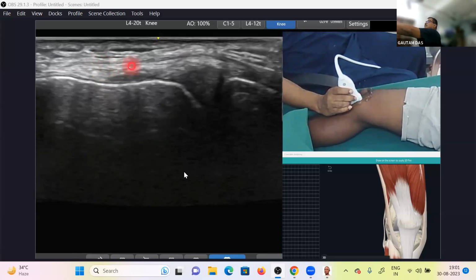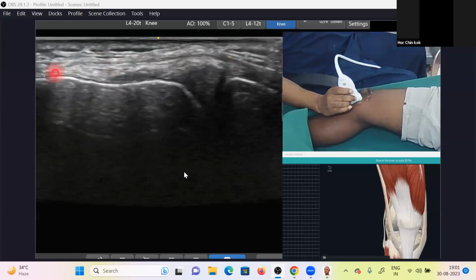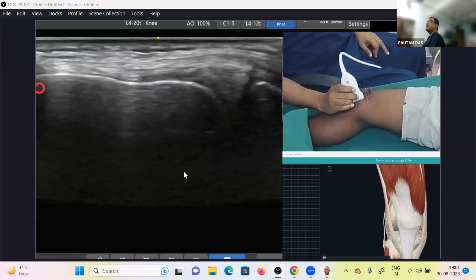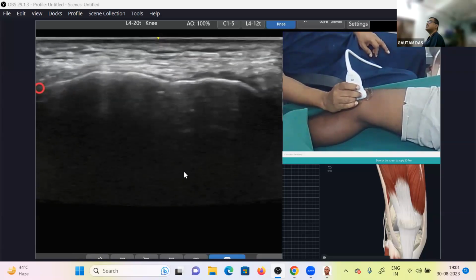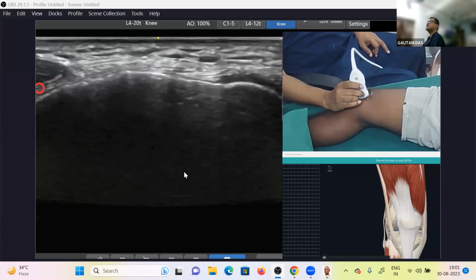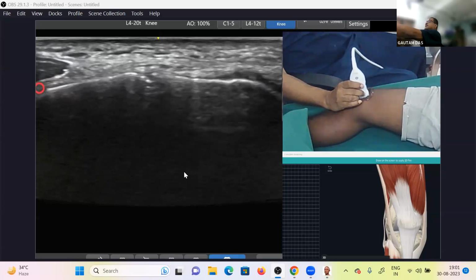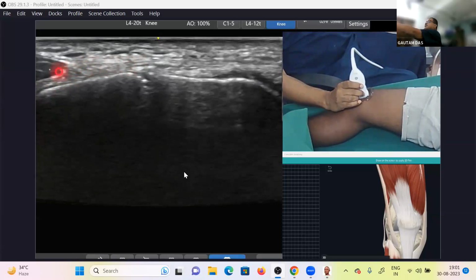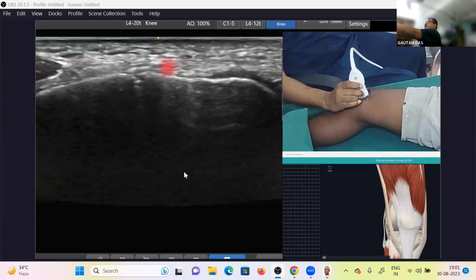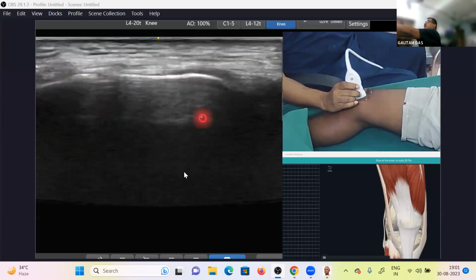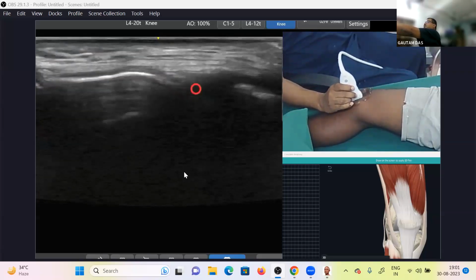The middle layer is the superficial layer of the collateral ligament. And if I'm going above, the superficial layer will be continuous with the vastus medialis. It is continuous with the retinaculum. And below that another layer, and the 3rd layer will be coming only here, in front of the meniscus.